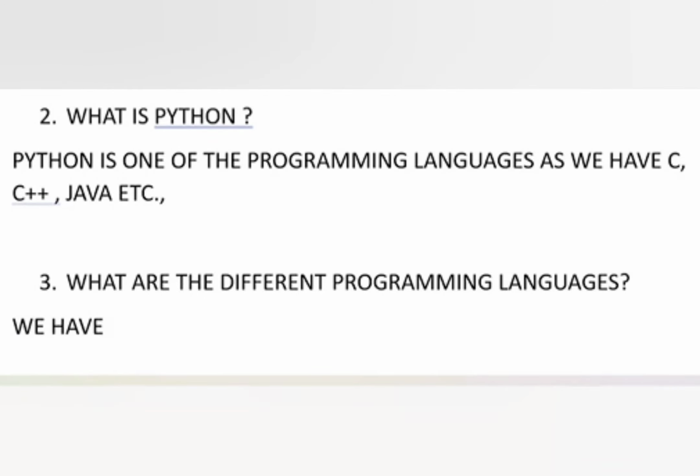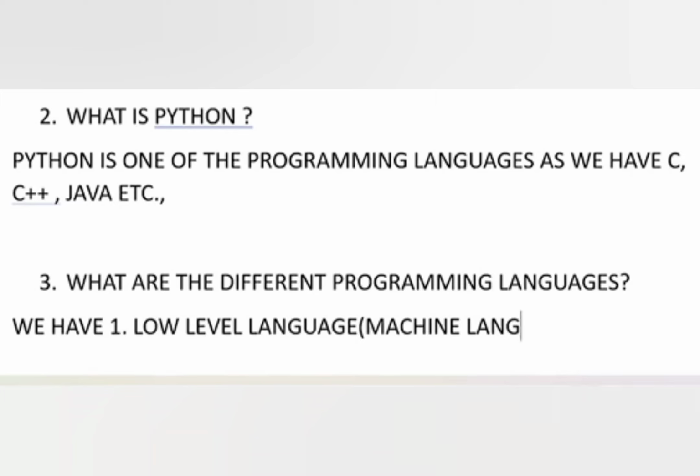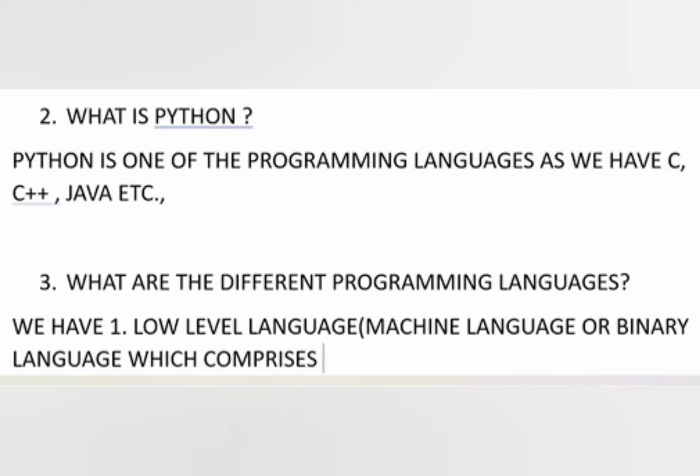We have low level language, often called machine language, or at times binary language, which comprises zeros and ones.